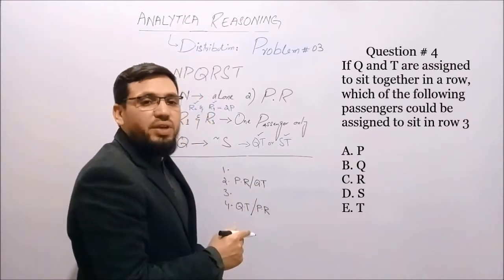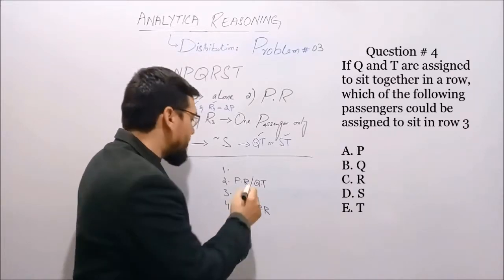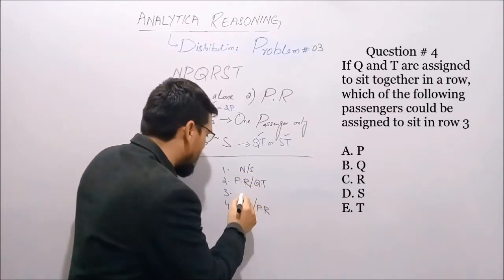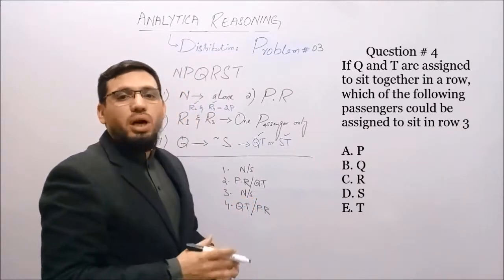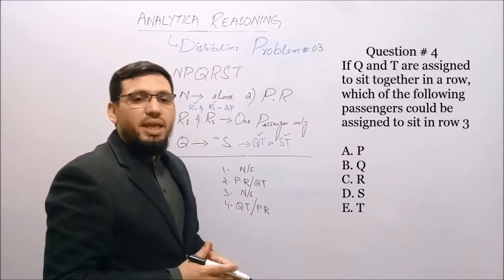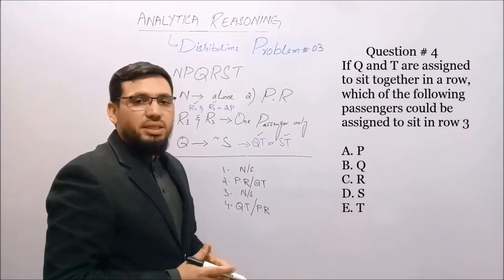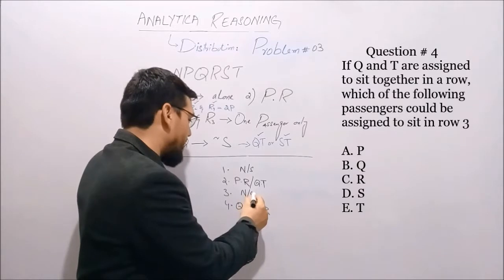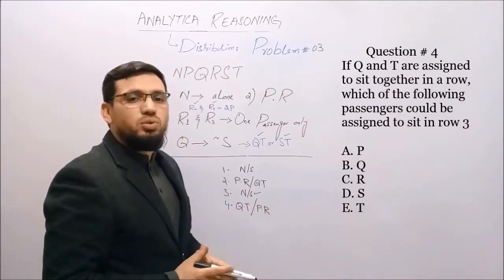After this arrangement, we have only two passengers left, N and S, that could appear in row 1 and row 3. But if we look down to the options we have: option A is P, option B is Q, option C is R, option D is S, and option E is T. It means N is missing. So the one option left is S, so S will appear in row 3.